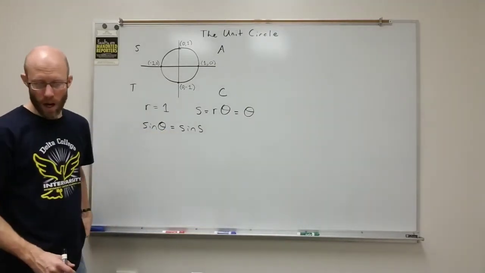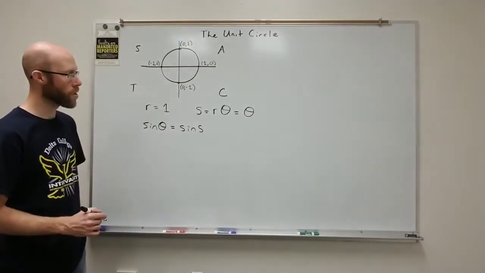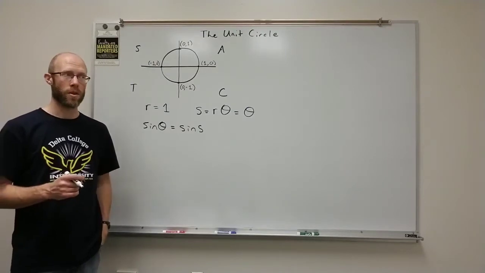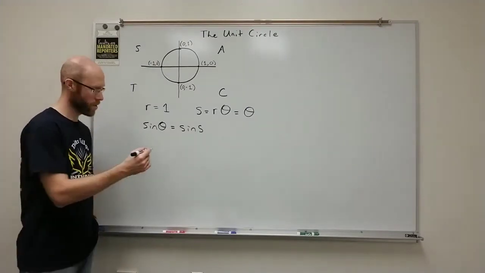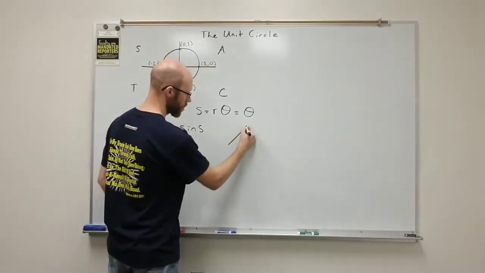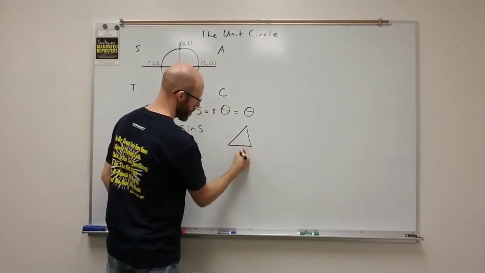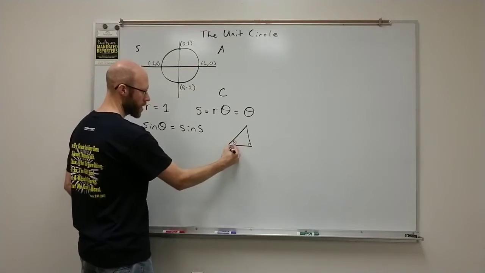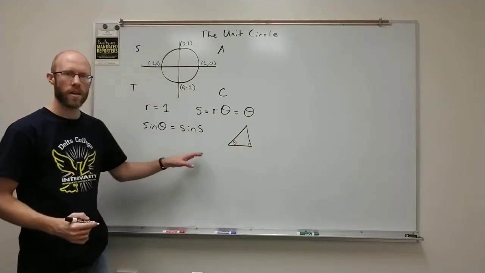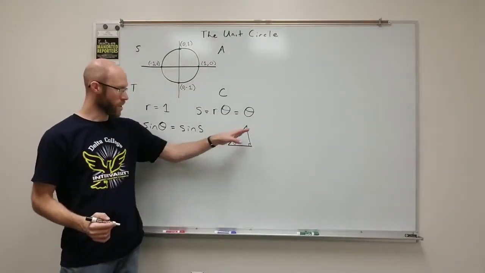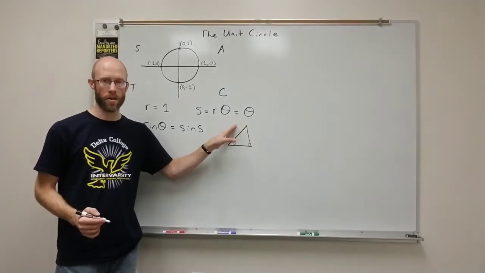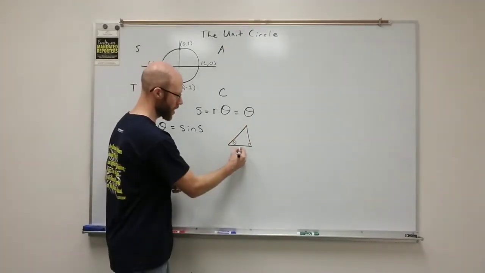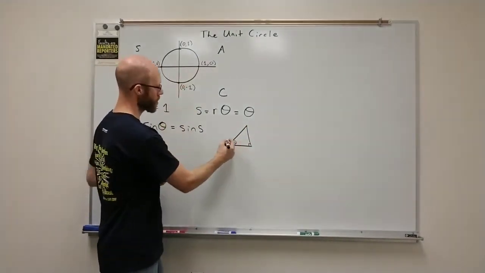Okay. What's interesting is we know that with any triangle, think about a right triangle here. If you had an angle theta, the sine of the angle is the opposite over the hypotenuse. Okay, we typically would write that if this was on the xy axis here.